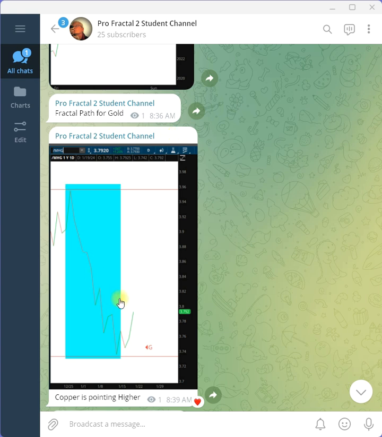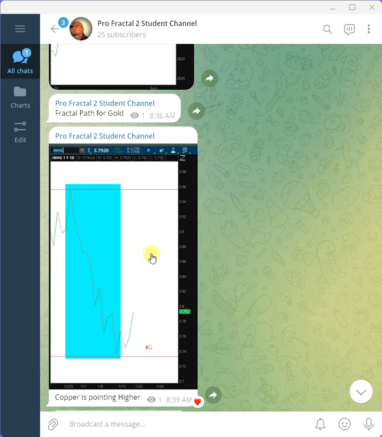It continues to grow. It's a typical growth fractal. Okay, you got a leg, another leg, another leg. It stopped at the bottom. It's a little confirmation there, and it continues to grow. Now we're looking at a yearly daily chart here.